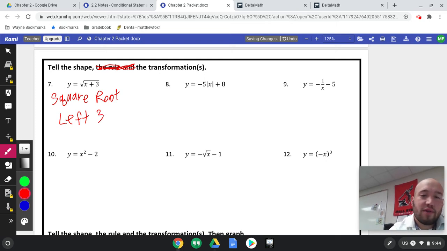Our next one, hopefully you see here, it's absolute value. It's going to flip up and down. Then it's going to be 5 times as tall.